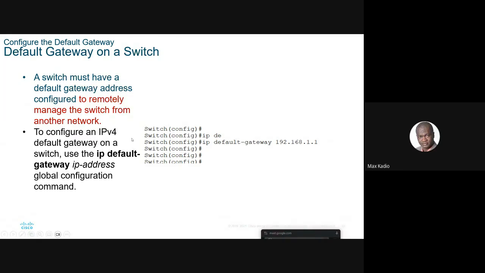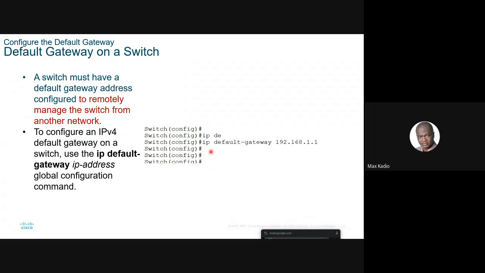So why do we need to add a default gateway on a switch? A switch must have a default gateway address configured to remotely manage the switch from another network. So let's say I'm at home and I want to remotely log on to my switch in my office.